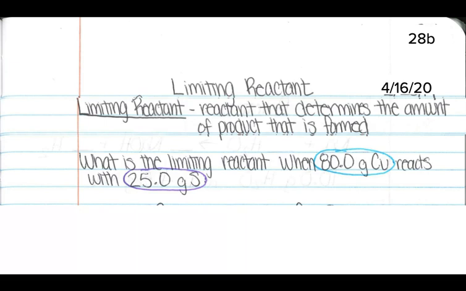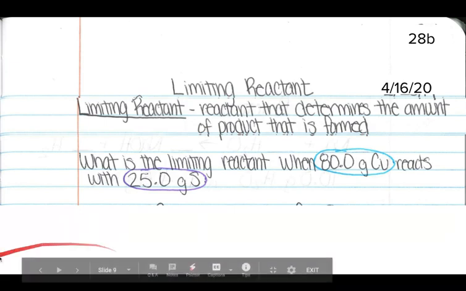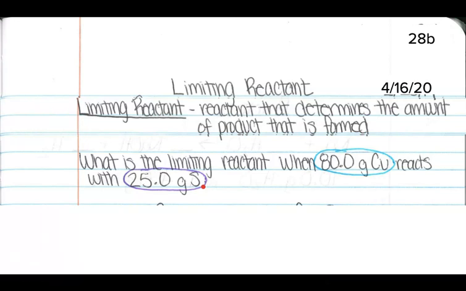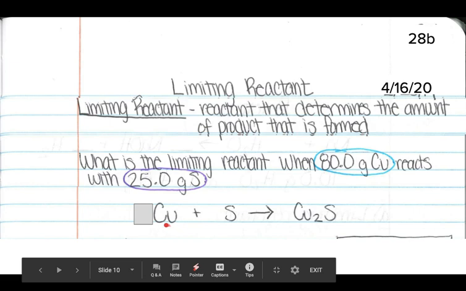So first, you start with a balanced chemical reaction. In this scenario, we're taking copper and adding it to sulfur. Think back, what kind of chemical reaction would that be? It's synthesis, because you're taking two things and combining them together. So your reaction should look like this: copper plus sulfur.